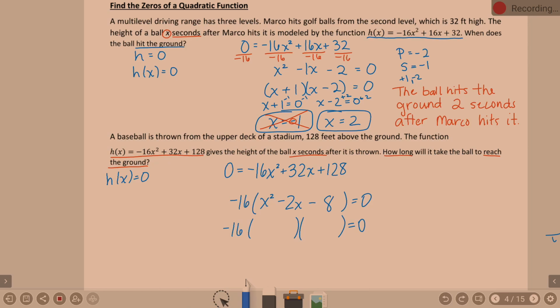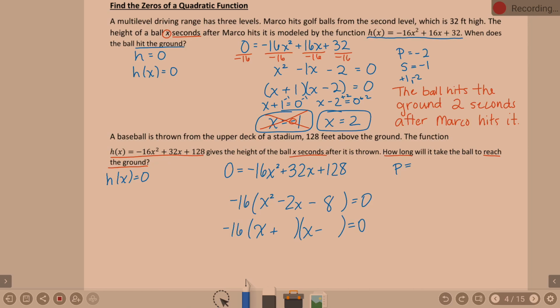X squared is going to be in the form of 2 x's. Have you come up with your numbers? What do you need your numbers to do? Okay, they're going to multiply to be a negative, so I agree. They're going to be plus and minus.